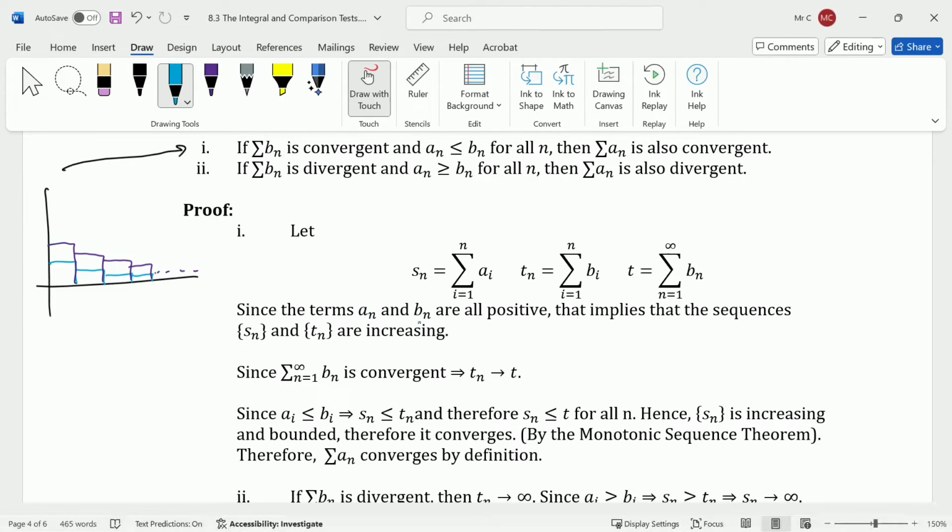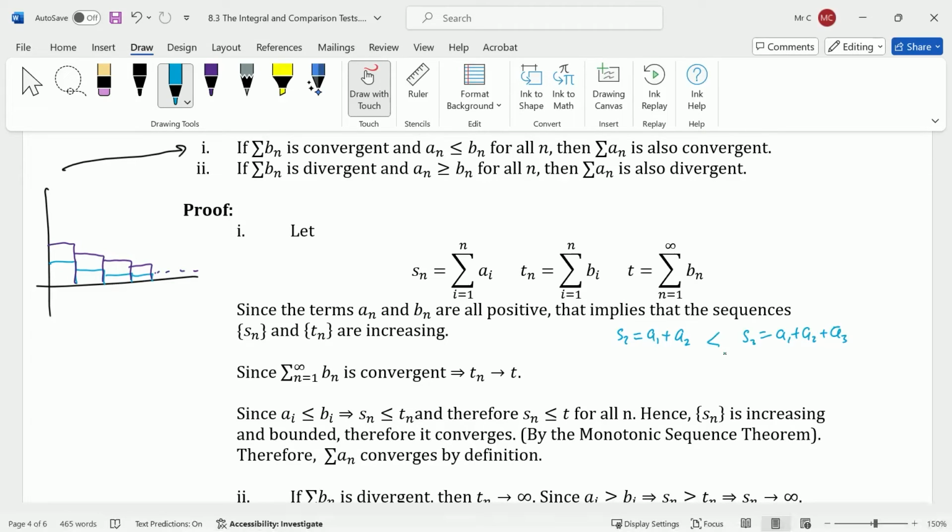Okay, so what do we see from this? Since a sub n and b sub n are all positive, that implies that the sequences s sub n and t sub n are increasing. What do I mean? I mean that s2 is a1 plus a2, and s3 is a1 plus a2 plus a3. And since all of the terms are positive, s3 has to be bigger than s2.